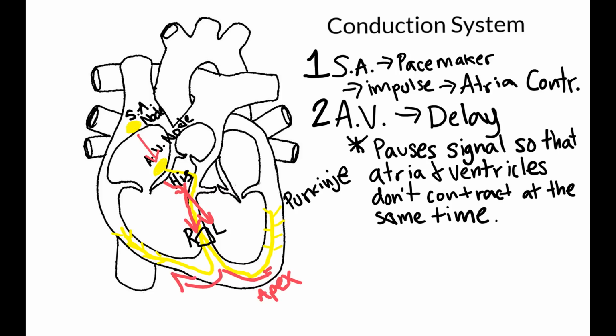And then eventually it will spread out to the entire ventricles, causing the ventricles to contract. So that's 3. The impulse is relayed through the bundle of His and all the way down through the Purkinje fibers so that the ventricles can contract.